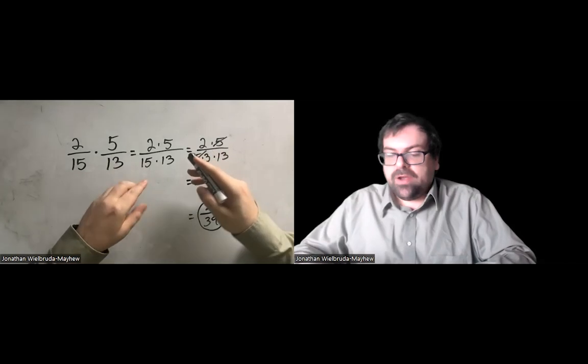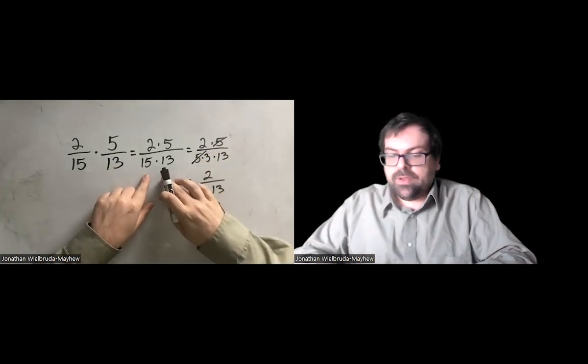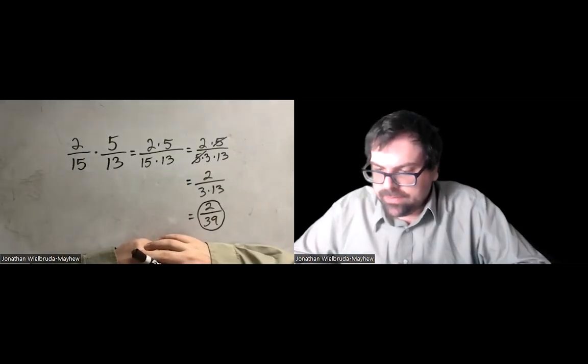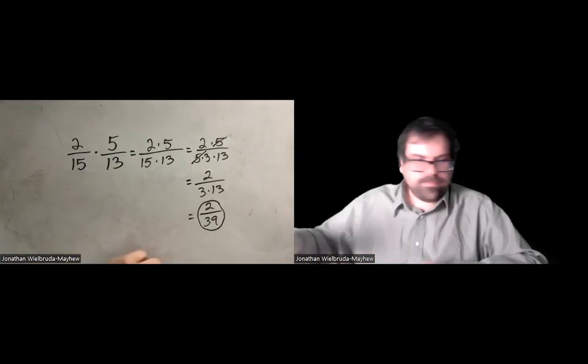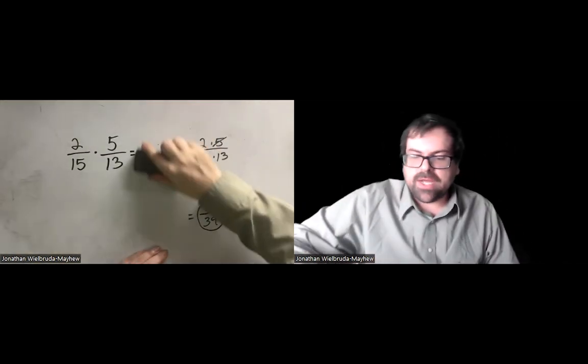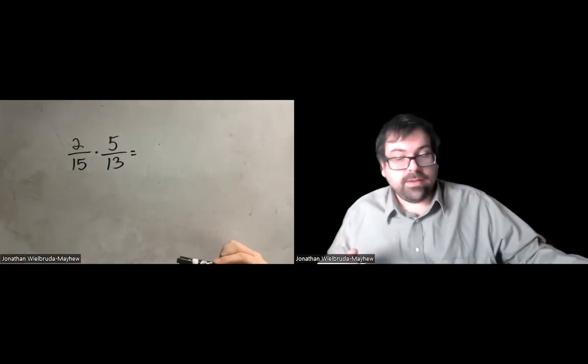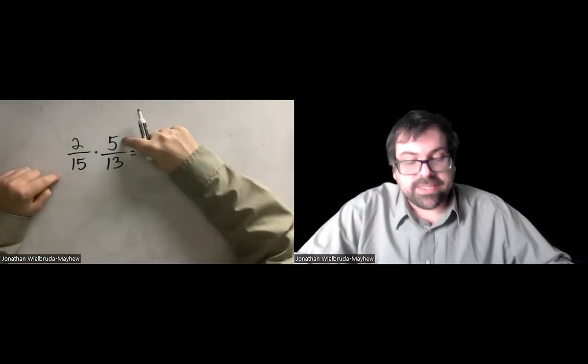Instead of relying on us opening it up and rewriting it, we can use a process called, no surprise, canceling, when we notice the 5 on the top and the 15 on the bottom share a common factor. We ask ourselves, what is that common factor? It's 5.